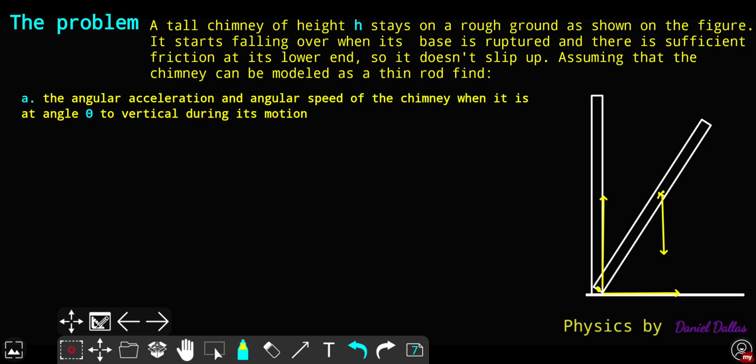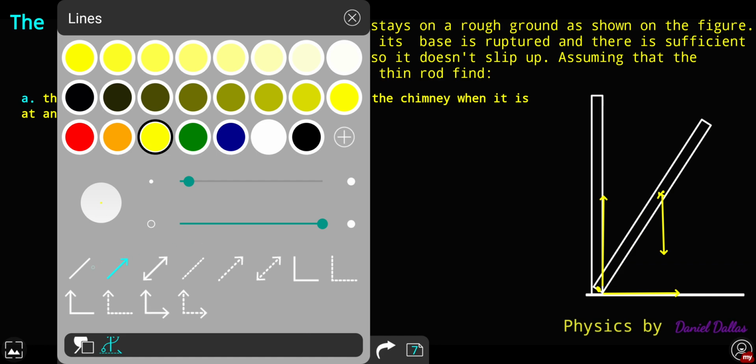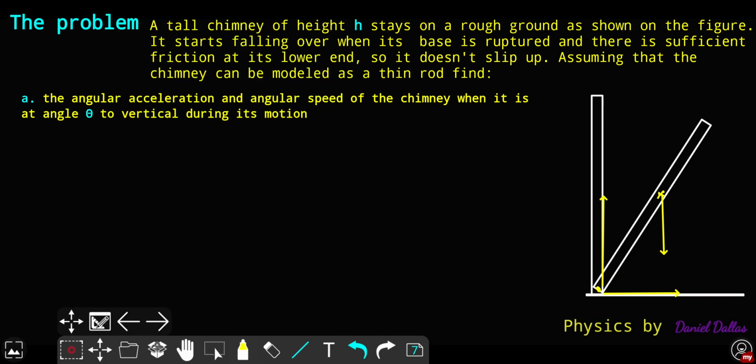Right now, I want to say that the distance from the pivot to mg is going to be half of the length or half of the height. So this is mg, this is the friction force, and this is the normal force. Okay, so we'll get the idea of the torque.